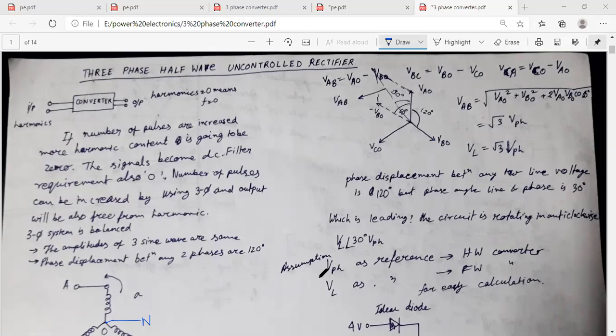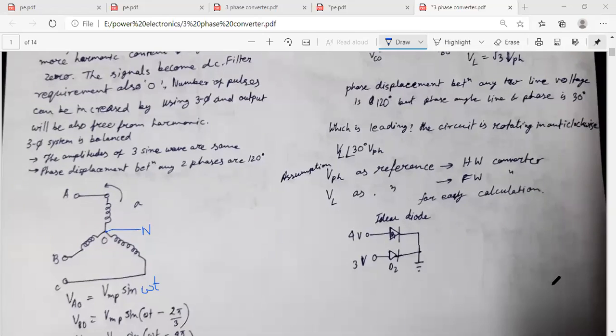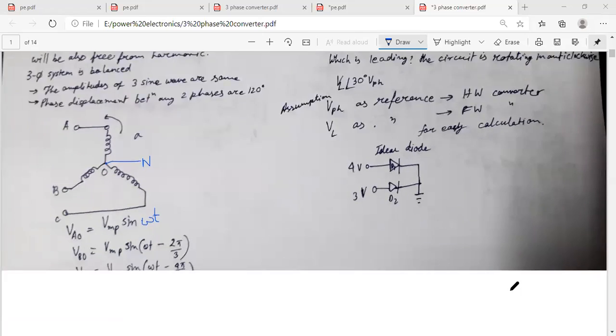Okay. Now we will assume that for a half wave converter, V phase will be taken as the reference, and for a full wave converter, V line will be taken as the reference. Okay.